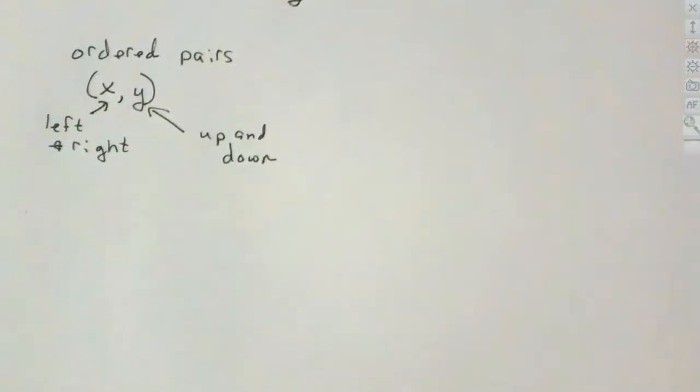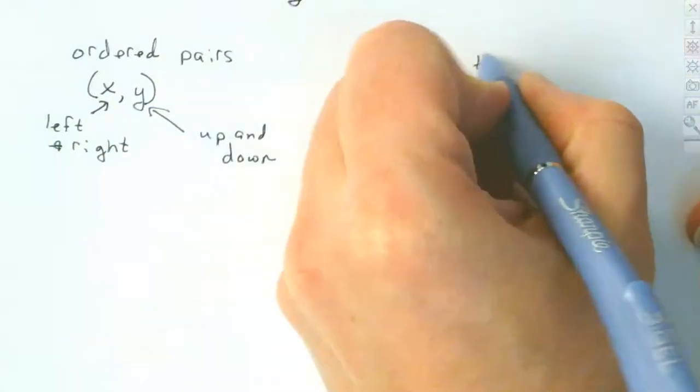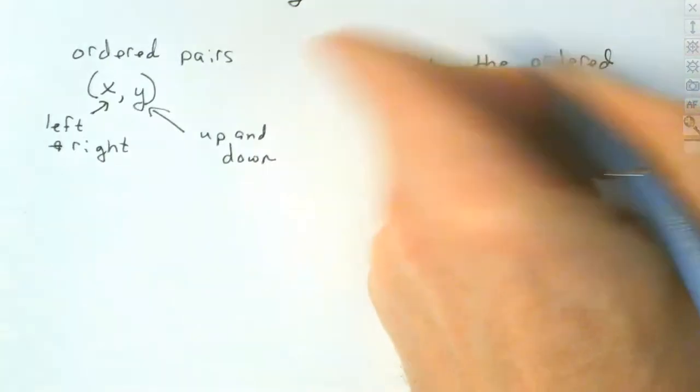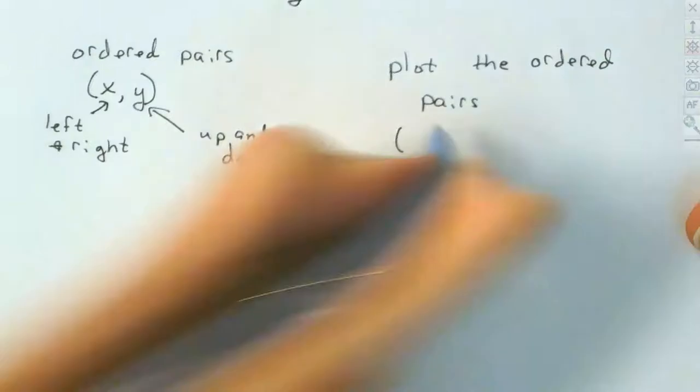Now, the first thing we're going to learn how to do, and it's going to be probably a review for many of you, is how to plot ordered pairs. So I'm going to list some out, and we'll just plot these.